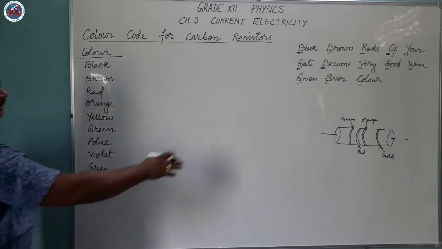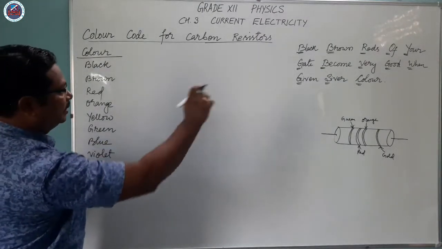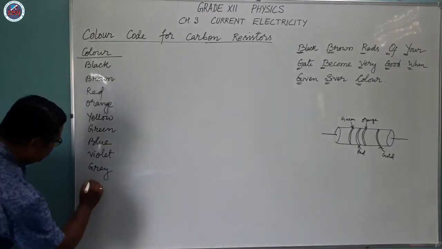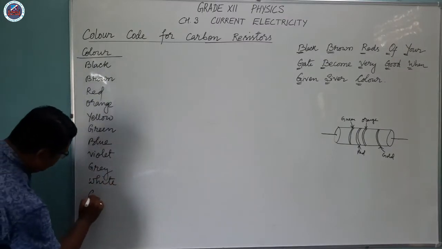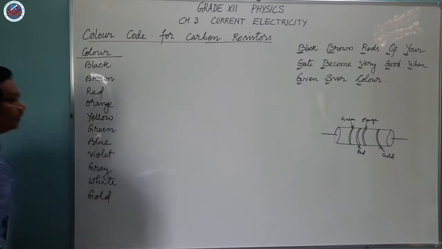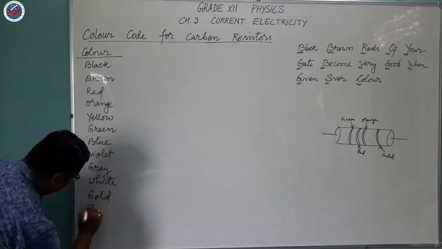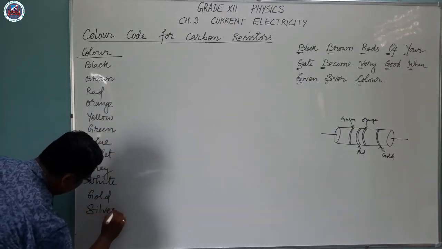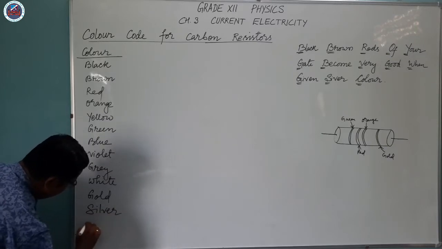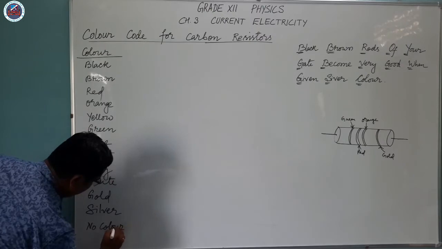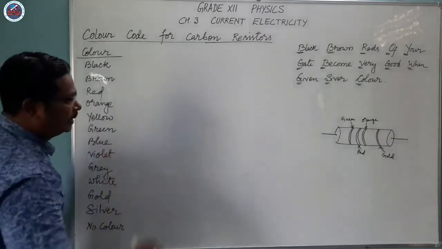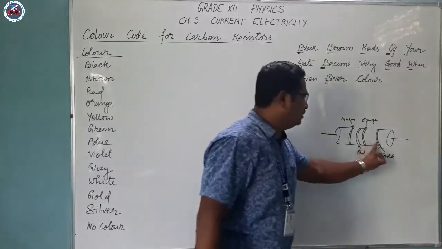After that gray, then when given silver color. When indicates, W indicates white. G indicates gold. Silver is silver itself. And color indicates no color, colorless. Or we can say that band is absent. This fourth band is absent.